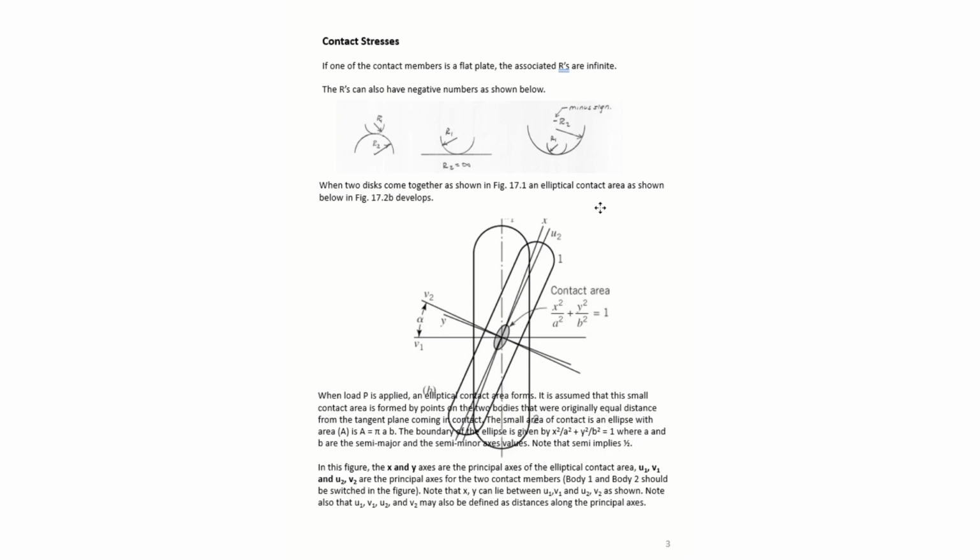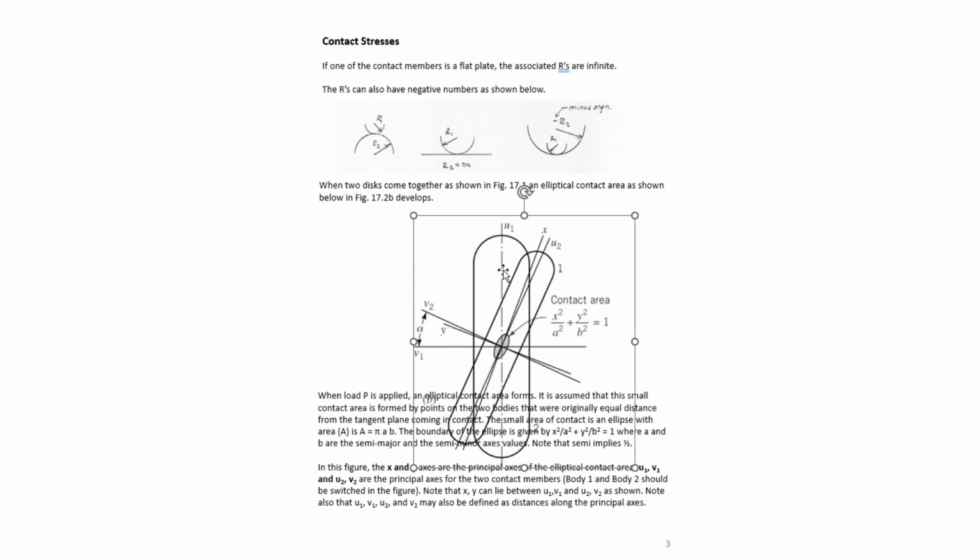And when we look at these, U1 is the longitudinal or long axis for the first member, and V1 is the short cross axis for that member, and then U2 is the long axis for the second member, and V2 is the short axis for the second member.